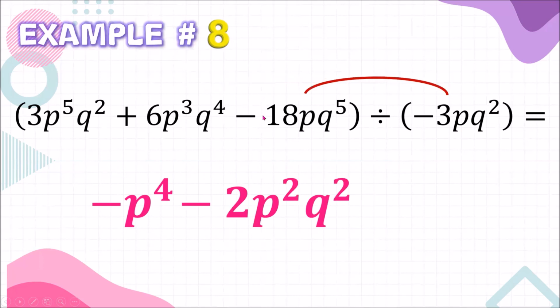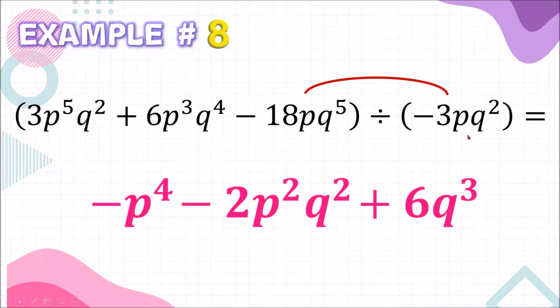And then last one, negative 18pq to the fifth over negative 3pq squared. So negative 18 over negative 3, we have positive 6. And then p here will be cancelled out. And then q to the fifth over q squared, that is q cubed. So we have positive 6q cubed.